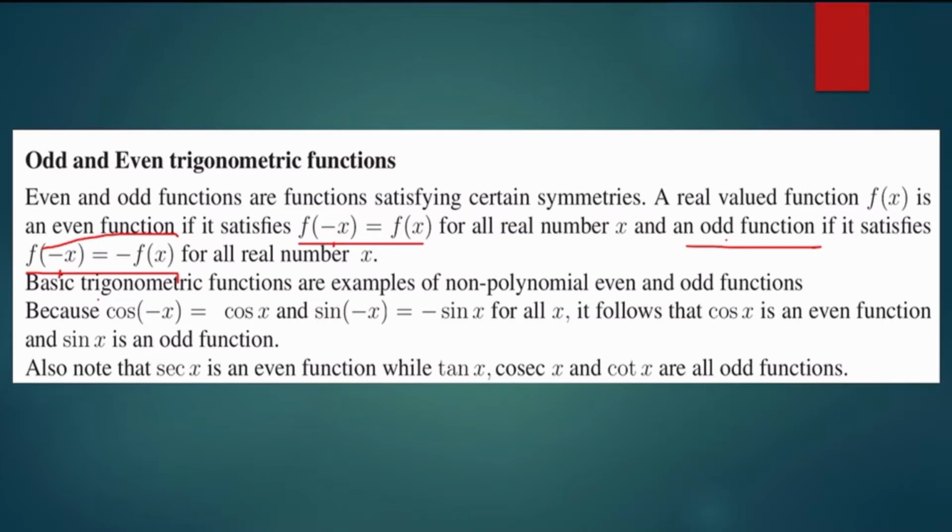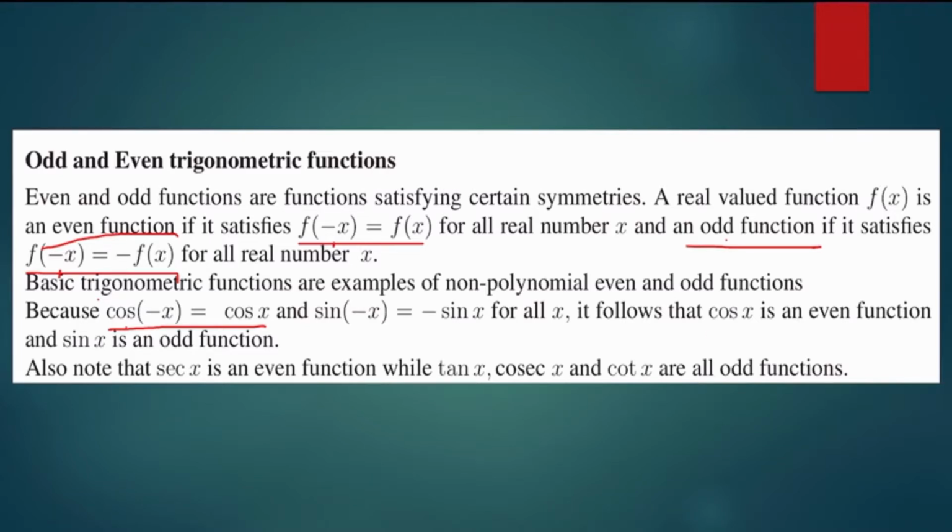So, in trigonometric functions, cos of minus x is equal to cos x. Always, if you substitute minus x in the place of x, you will get cos x.